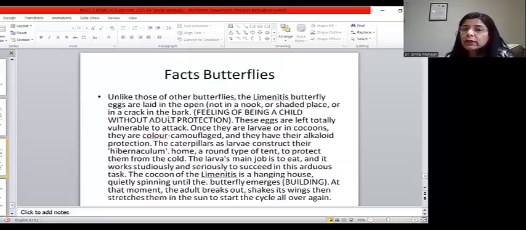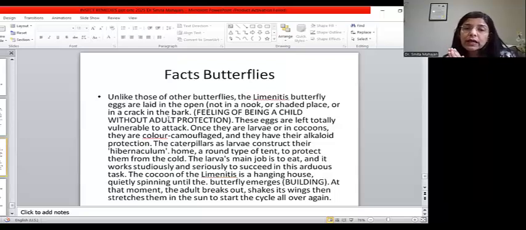Whereas here, unlike those other butterflies, Limenitis butterfly eggs are laid in the open. They are not in a nook or shaded place or a crack in the bark. So that's why they have the feeling of being a child without adult protection. These eggs are totally left vulnerable to attack. Once they are larvae or cocoons, they have color camouflage, they have alkaloid protection.